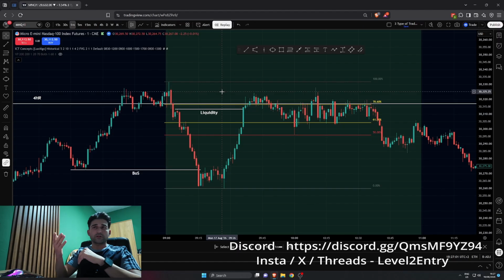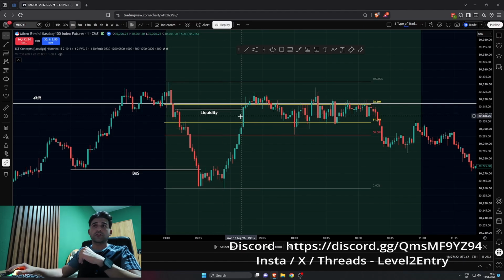Once price goes above that liquidity, there are only two entries one could take. You can take an entry like I did on the first bearish candle creation, or else here there is an IFVG, and you could have taken a short entry when this IFVG gets filled.